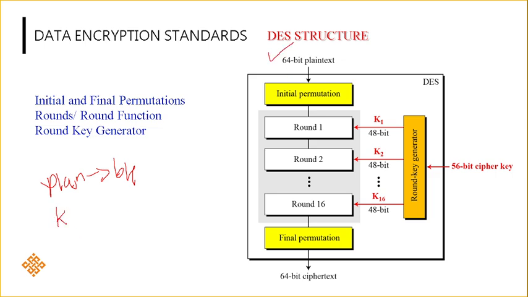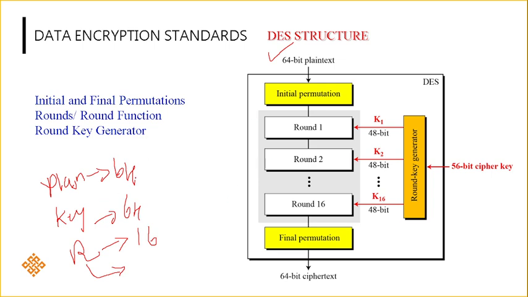The key length will also be 64 bits, but here I have shown 56 bits. We are reducing 64 bits to 56, which we will see in an upcoming video. The total number of rounds we are using in DES is 16 rounds, and in each round we are doing some operations that we will see shortly.